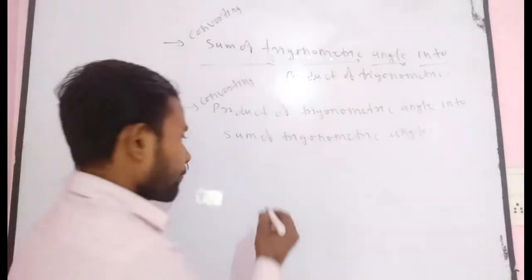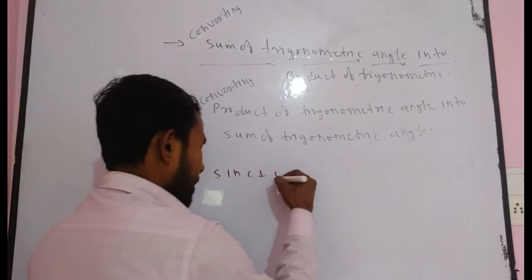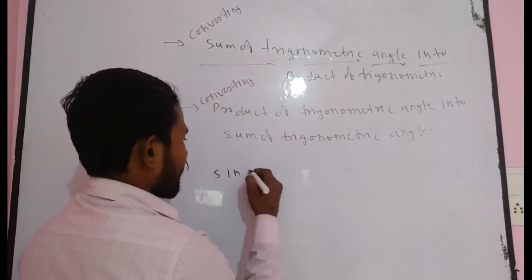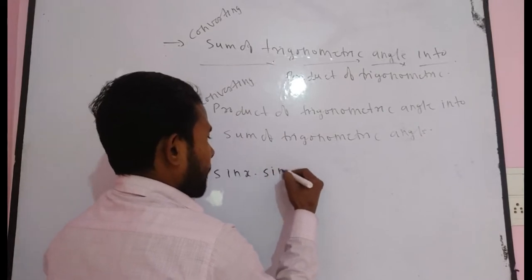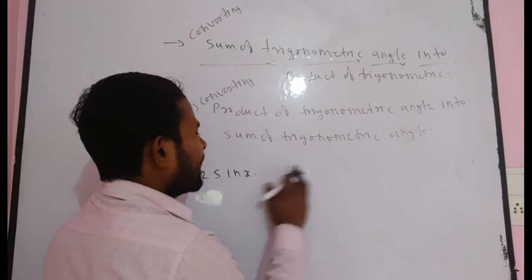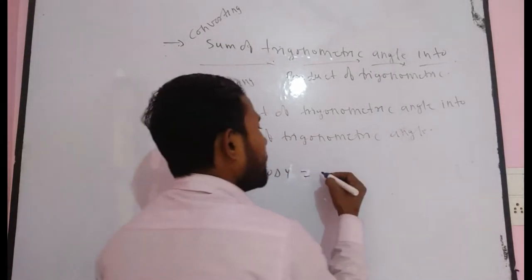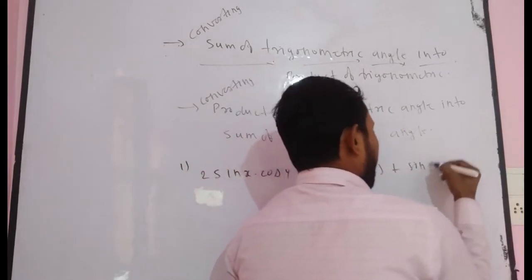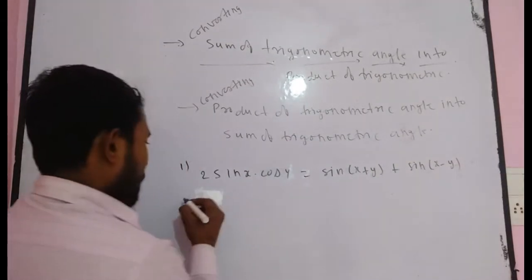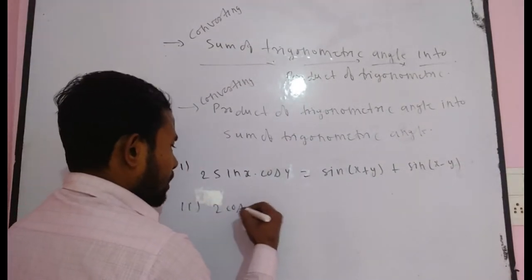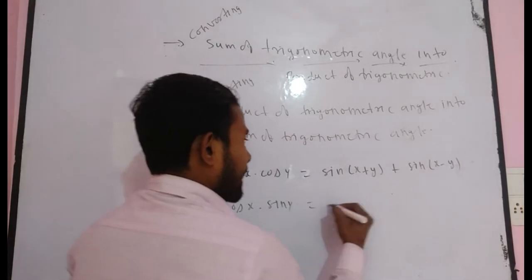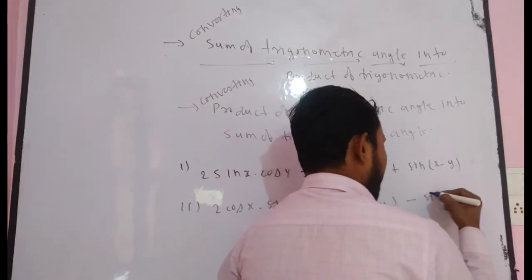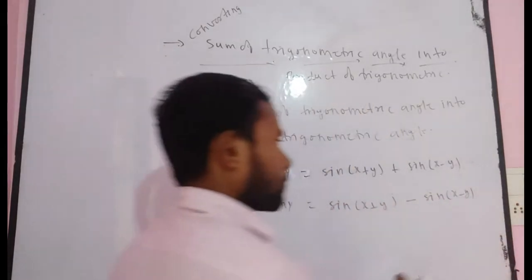You know that in the previous class we discussed: if you write 2 sin x into cos y, then it will be sin(x+y) plus sin(x-y). Another formula: 2 cos x into sin y will be sin(x+y) minus sin(x-y).